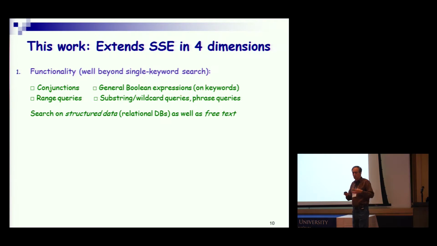So you can do any Boolean program, actually, on a set of keywords. You can do range queries, and we can also do things like substrings, wildcards, and phrase queries, all of that on encrypted data. And we can do that on databases, structured databases, relational databases, or unstructured data like free text.